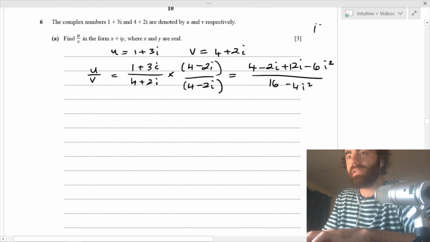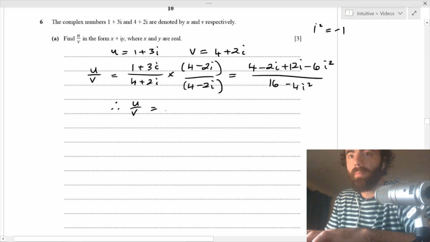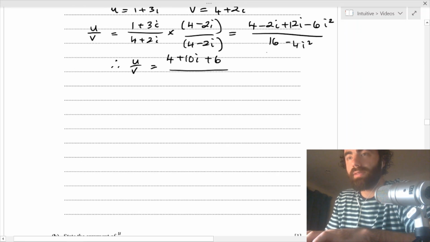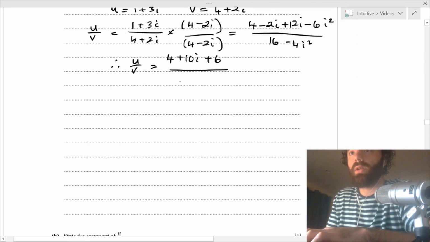Okay, and remember i squared equals -1. So therefore we can say that u over v equals, we get 4 plus 10i, and then minus 6 times minus 1 is plus 6, all over 16 plus 4, because i squared is -1, so that's 20.